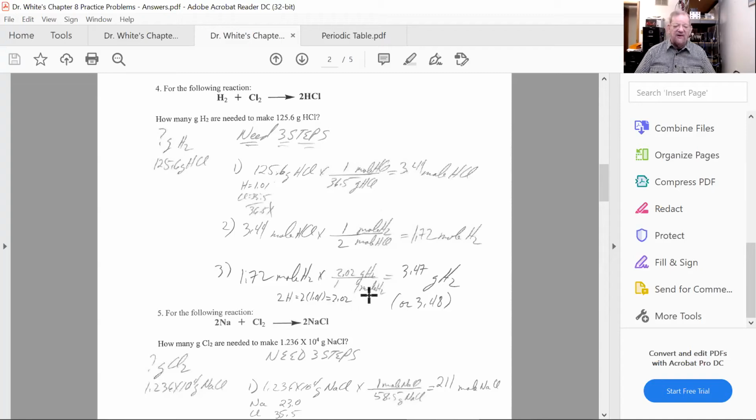Whatever I'm trying to get rid of goes underneath, moles of hydrogen. Where do I get these 2 numbers? 1 mole of a compound equals the molecular weight of that compound. The molecular weight is the sum of all atomic weights. 2 hydrogen, 2 times 1.01 equals 2.02. Put that in there, 1 mole exact number, and it's 3 significant figures.